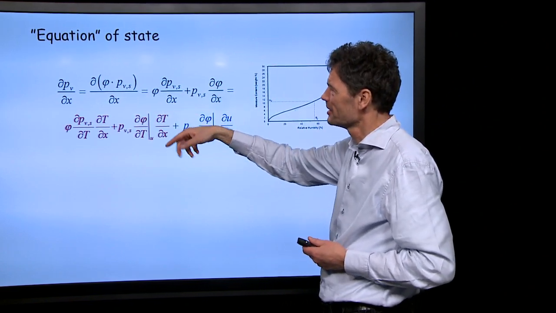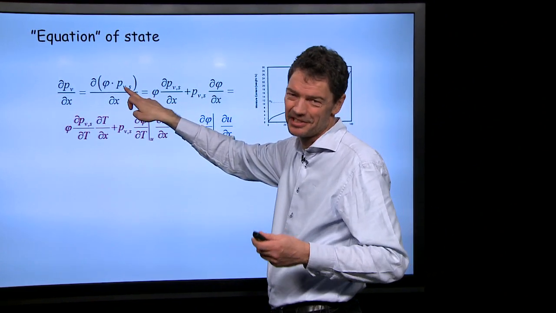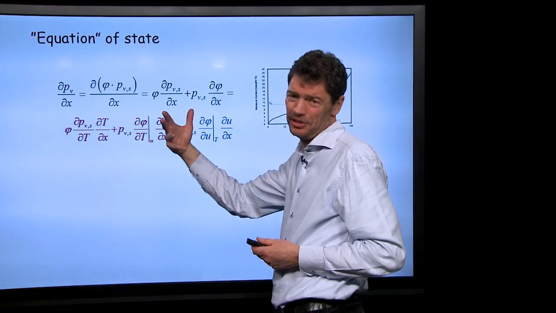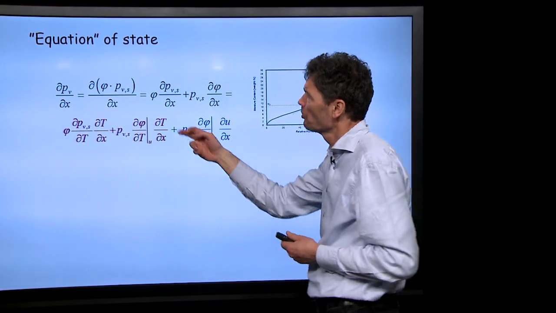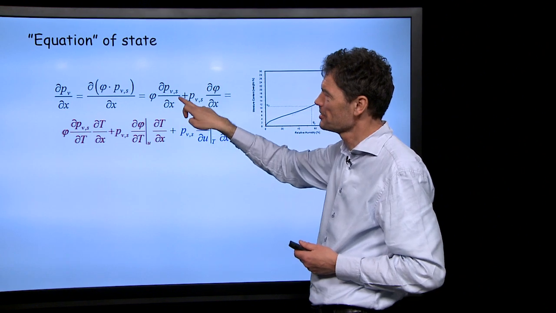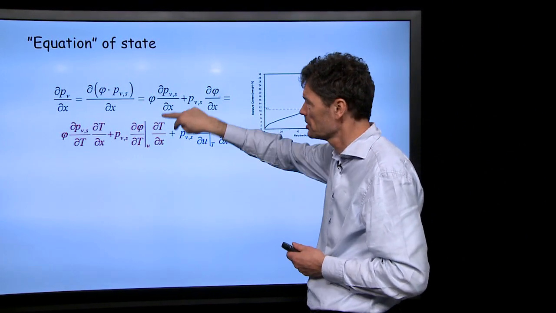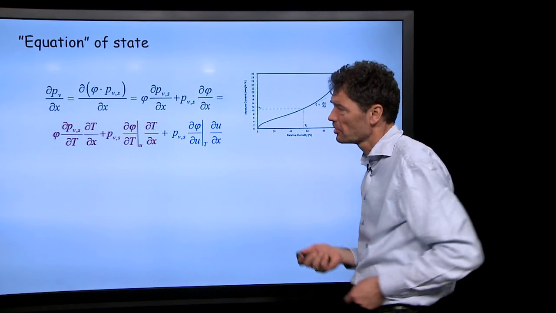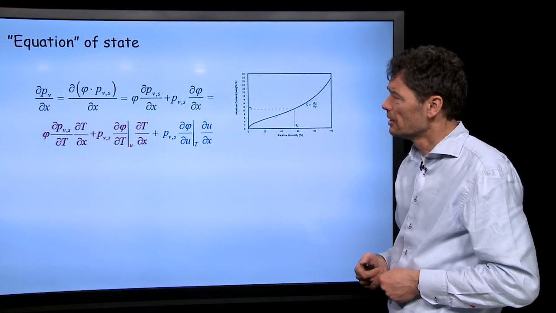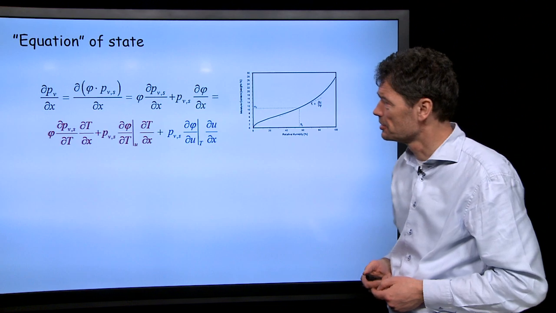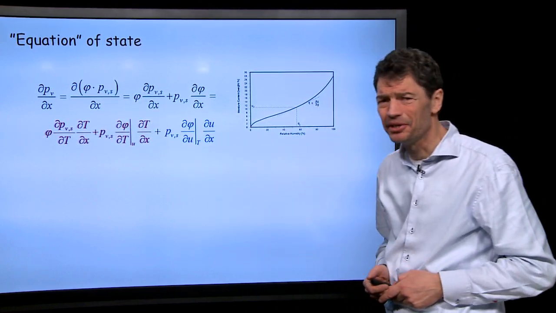And now we should consider that the saturation vapor pressure is temperature dependent, and we could have a temperature gradient, so there could be gradients of the saturation vapor pressure and gradients of the phi. So we take these gradients separately in our differentiation of a product as we have up here.